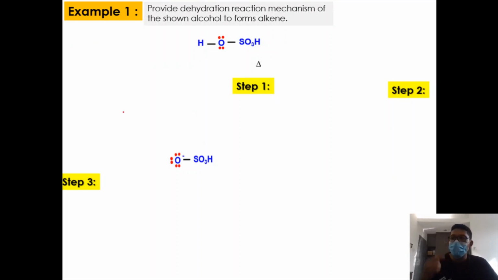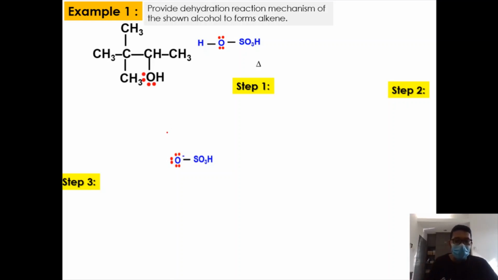So as I mentioned, step 1 and step number 2 are still the same. What happens during the rearrangement is before step number 3. So let's say we have our alcohol here, which is 3,3-dimethyl-2-butanol, the lone pair is going to attack the hydrogen from the H2SO4.